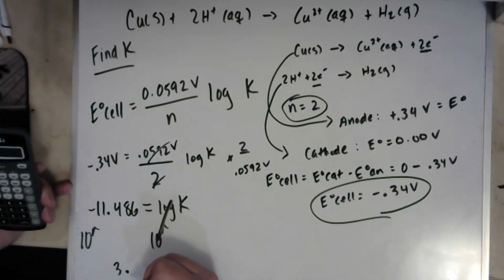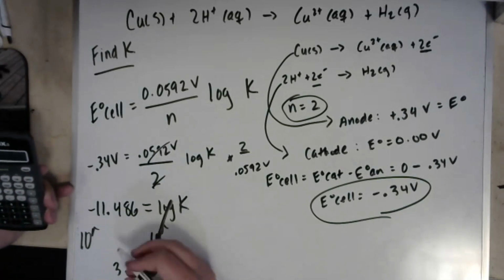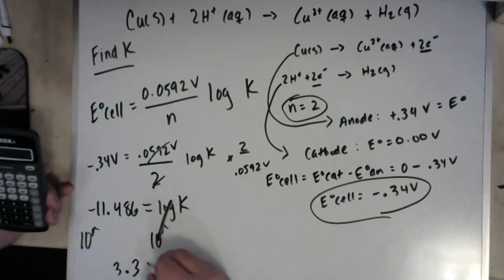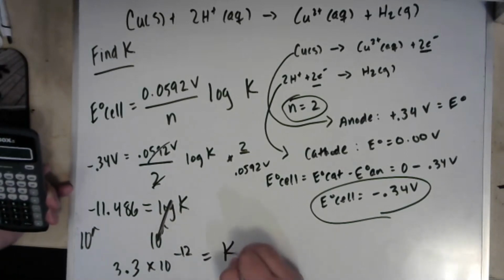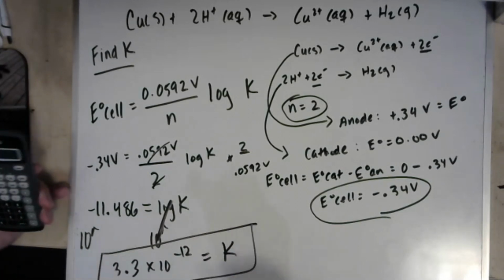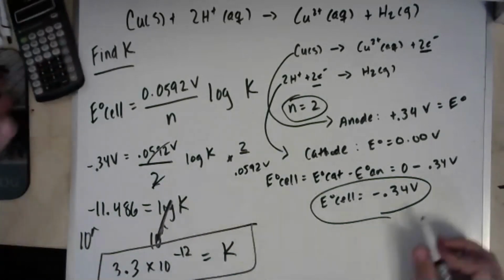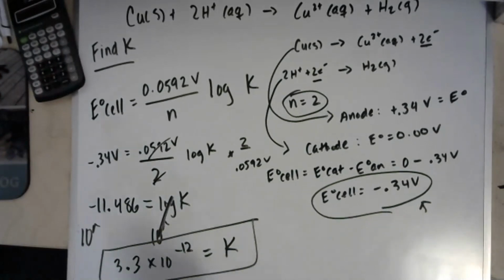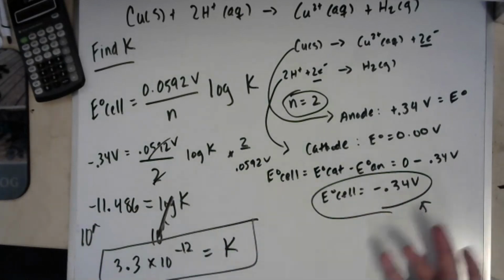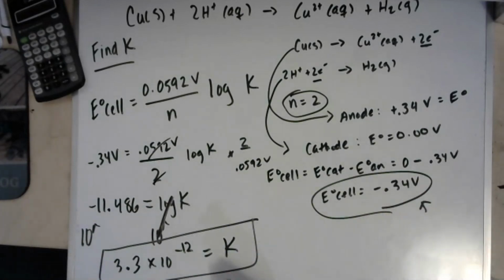I think that I'm going to have to do 2 sig figs here. So 3.3 times 10 to the negative 12 is going to be my K value here. And it's very small like I expected because this E cell value is negative, right? So a negative E cell value doesn't indicate a reaction that's going to proceed very strongly in the forward direction, and a small K value reflects that.